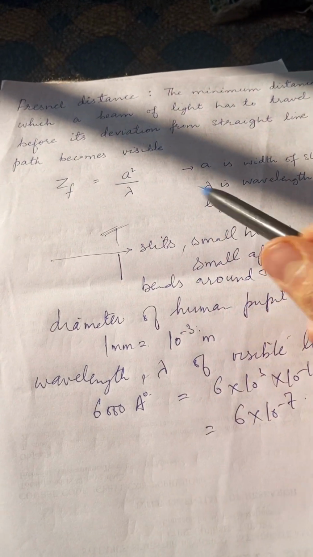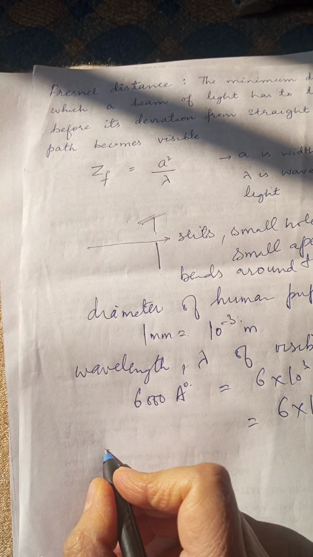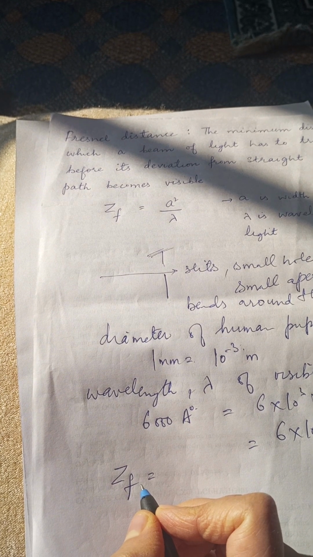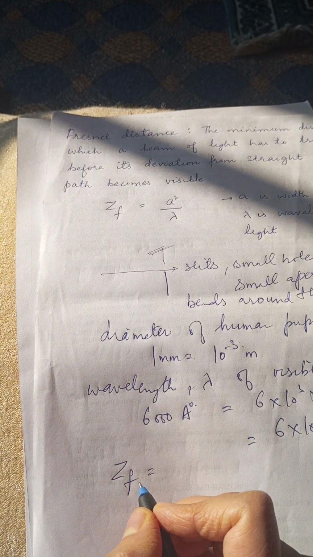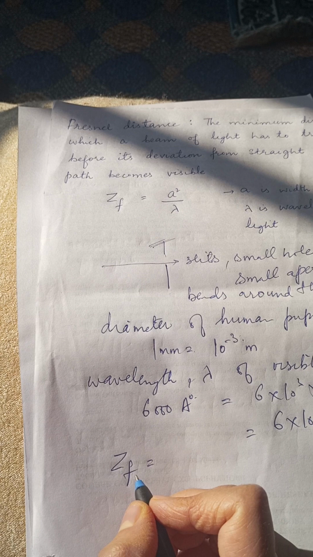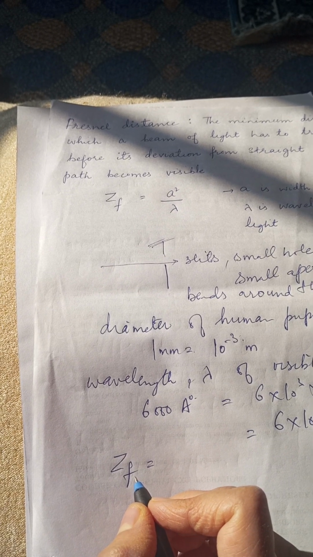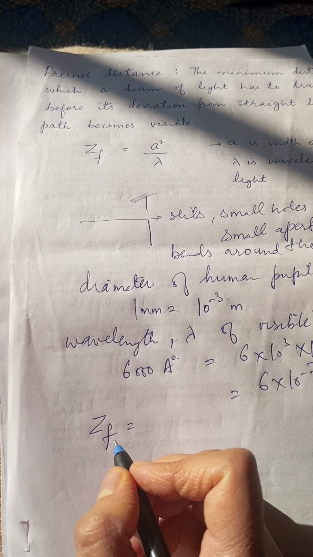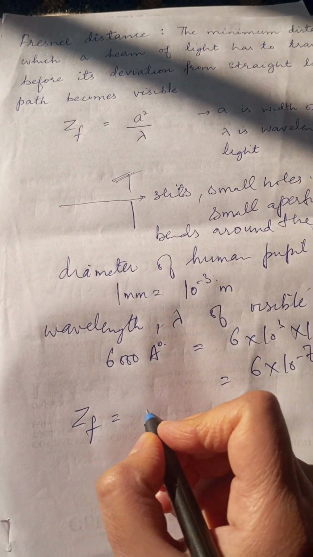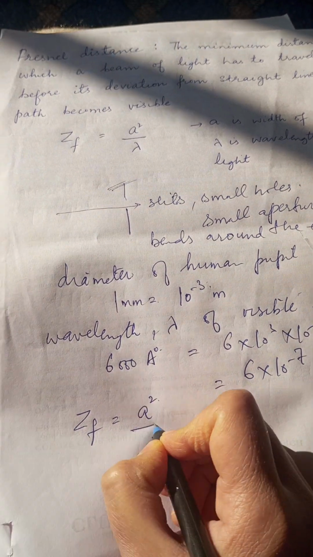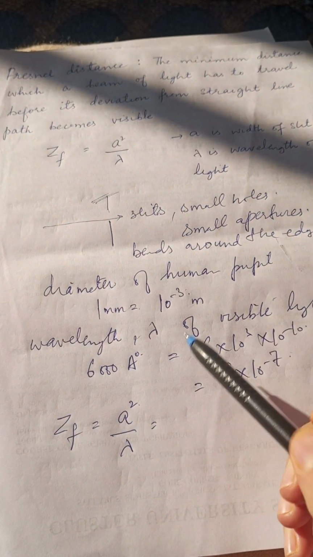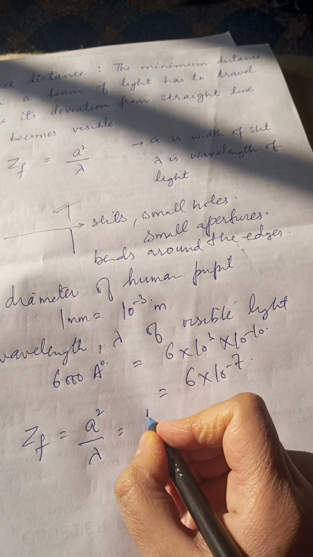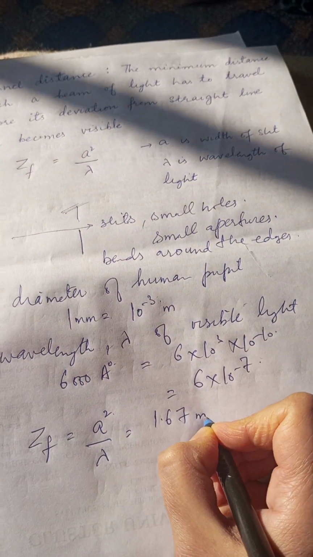Now when we start giving values here, if we want to calculate the Fresnel distance for a normal human eye, it is a square by lambda, and when you give the value of a and the value of lambda, this comes out to be 1.67 meter.